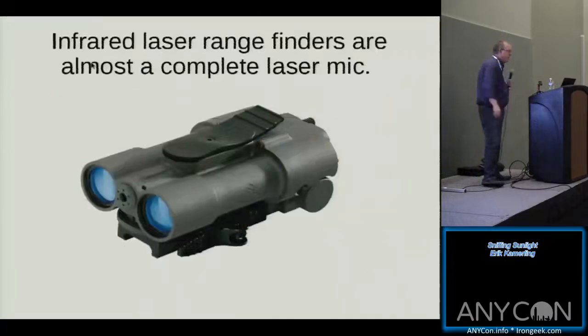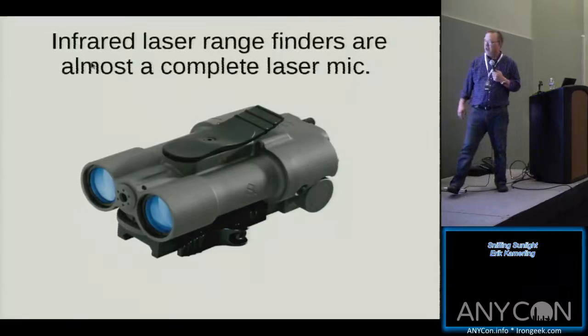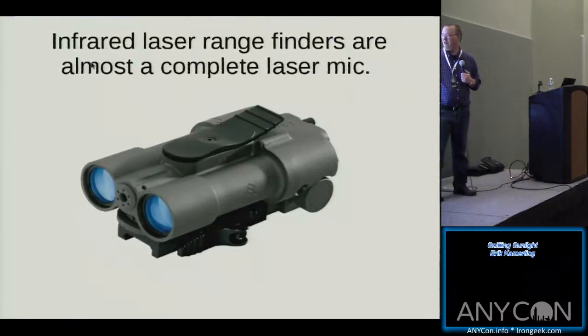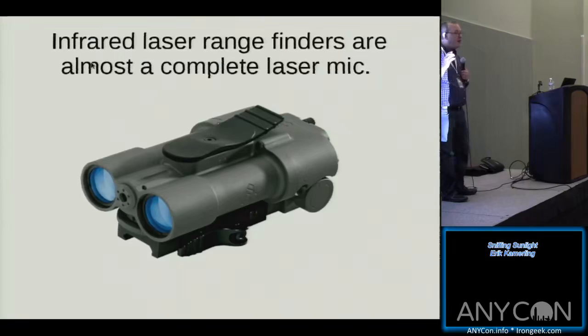Okay, so this is actually pretty interesting to me. A laser listening device, a rangefinder that uses infrared lasers, is nearly a complete laser listening device. All you have to do is take the output off the thing and hook a speaker to it, and you've got a laser listening device. Now, how do they bounce an infrared laser off of a remote target and get it back to the device itself?